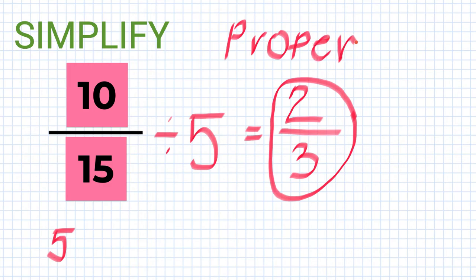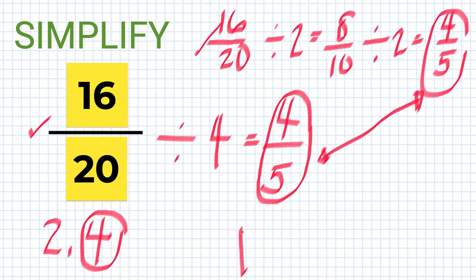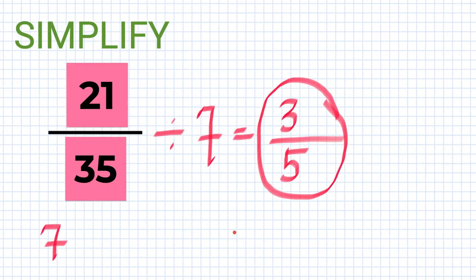So therefore, this is proper also. This one is also proper. 16 over 20 is a proper fraction. So I told you last time that you need to be careful in identifying the fraction. If it's proper, you will just simply divide. Find a number that can divide the numerator and the denominator. This one is also proper.